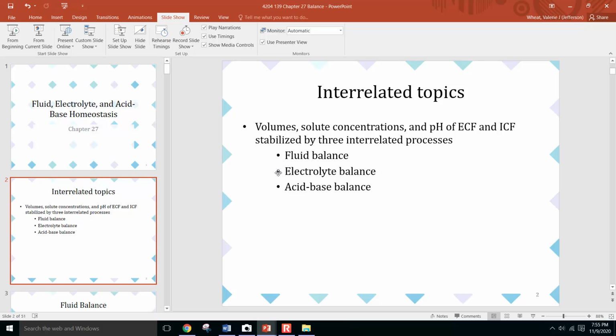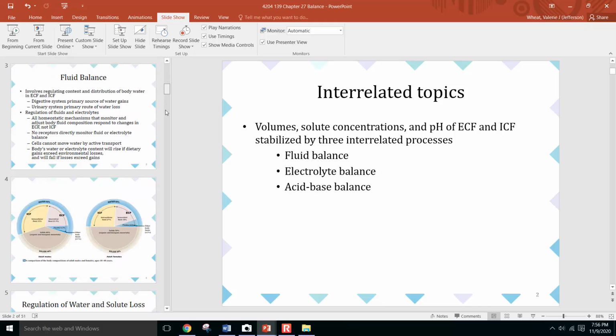Then we went through electrolyte balance, and in that lecture we focused mostly on the non-pH cations and anions. So we did sodium, we did chloride, we did potassium, and we did calcium. Your book goes through magnesium and phosphate and a couple of other ones. I just wanted to focus on the 4 main ones. And then we did the pH ion related ones with the acid-base balance.